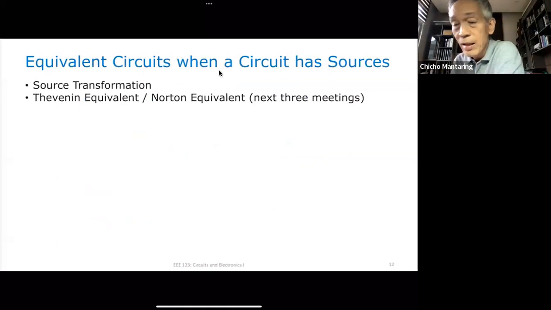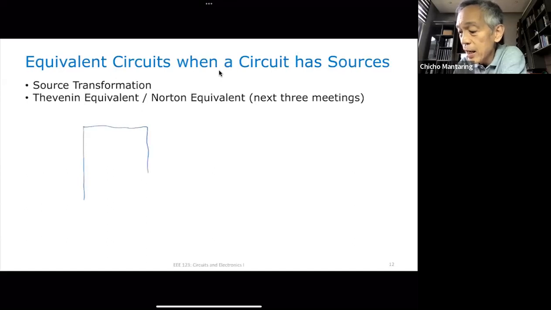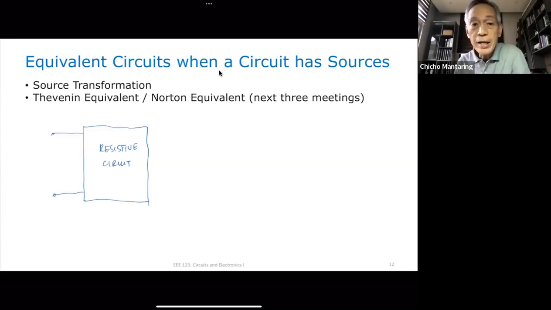So, not last week, 2 modules ago, when we started discussing circuit analysis techniques, nakita natin na kung meron tayong resistive circuit, and we're only interested in the behavior of this circuit with respect to, let's say, a set of terminals XY, then it's possible for us to reduce this into a single resistance or an equivalent resistance.